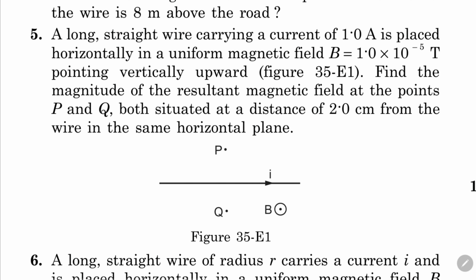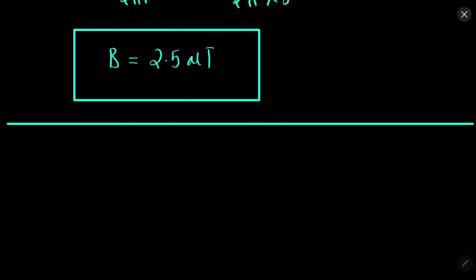In question 5, we have a long straight wire carrying some current and placed horizontally in a uniform magnetic field which is pointing vertically up. We need to find magnitude of the resultant magnetic field at the point P and Q, both situated at a distance 2 cm from the wire in the same horizontal plane.